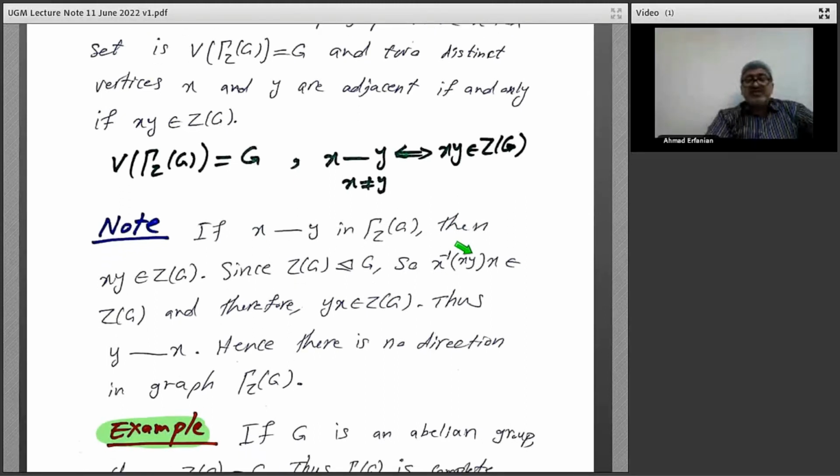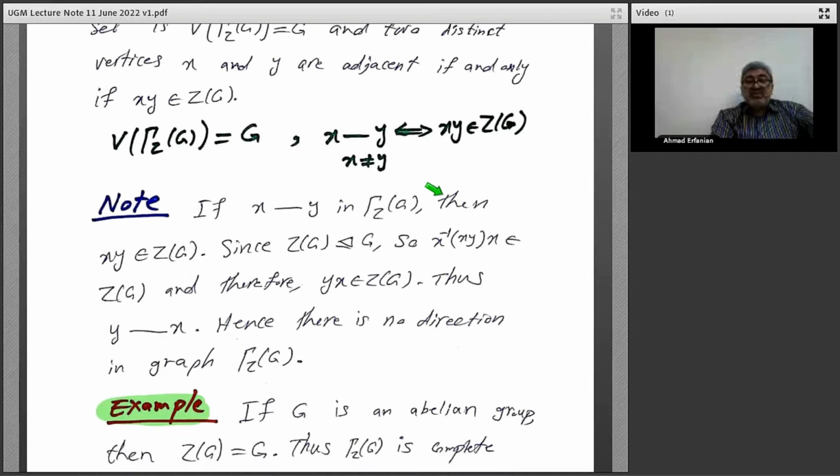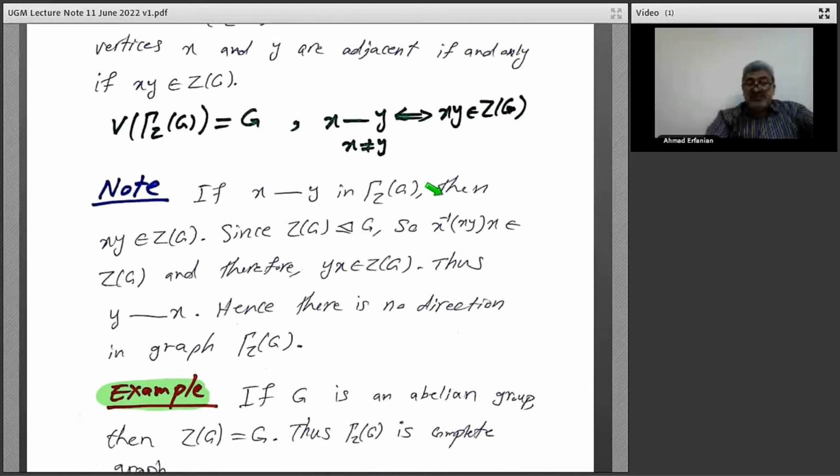You can see that if x and y are both in the center, then obviously xy is in the center, right? But the point is what will happen for other elements outside of the center.